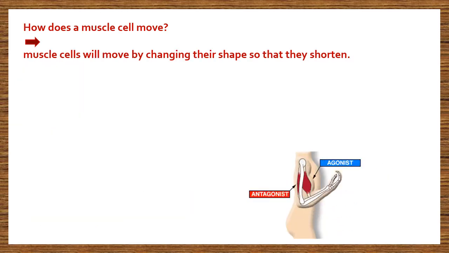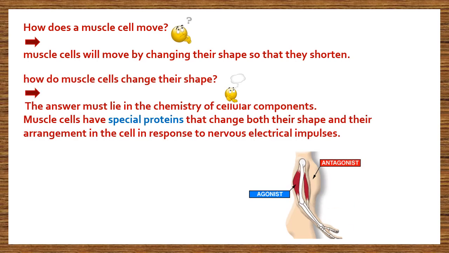Muscle cells move by changing their shape so that they shorten. Okay, but now the question is, how do muscle cells change their shape? The answer is, chemistry can answer this question. There is a cellular component that helps the muscles to move.